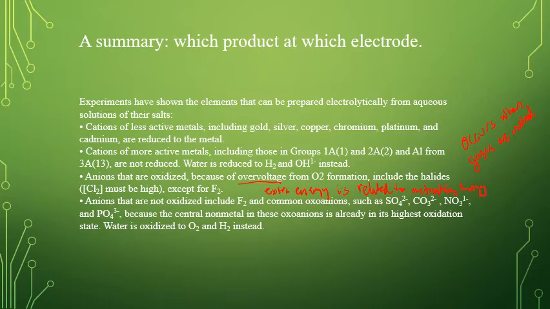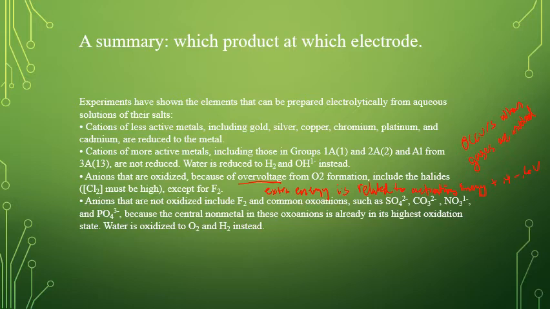And so it just happens that a lot of times some of those other anions can undergo the oxidation process more easily than the oxygen can form from the water. Typically with the overvoltage, you're adding an additional 0.4 to 0.6 volts of energy into the system that's required to electrolyze the oxygen.